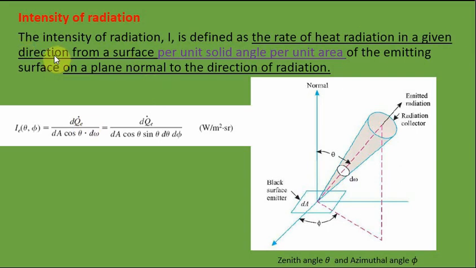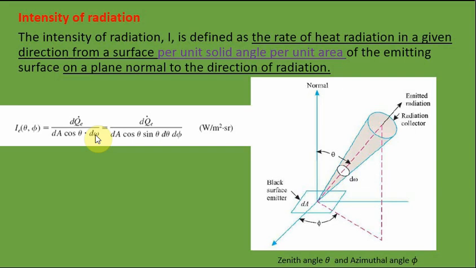In order to define the direction, this dotted line, we need theta and phi. So we define it in a particular direction from a surface dA per unit solid angle d omega per unit area of emitting surface on a plane perpendicular to the direction of radiation.